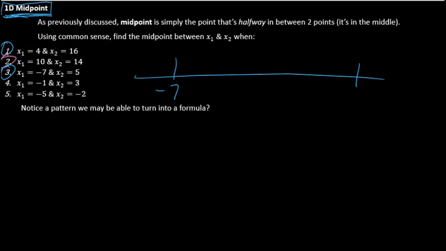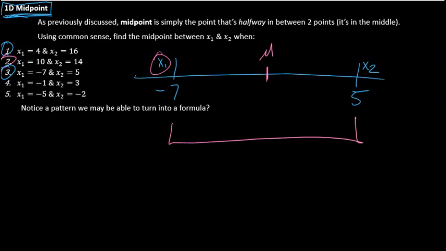Negative 7 is our x1. Positive 5 is our x2. So what is our midpoint then? This one's a little more complicated. Now we have a negative and a positive. Our distance between x1 and x2 is going to be 12.